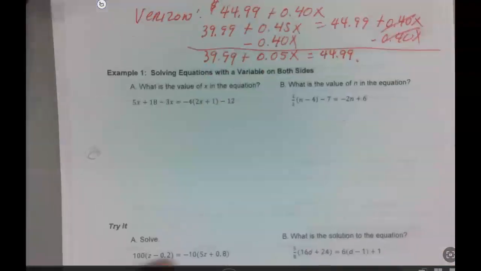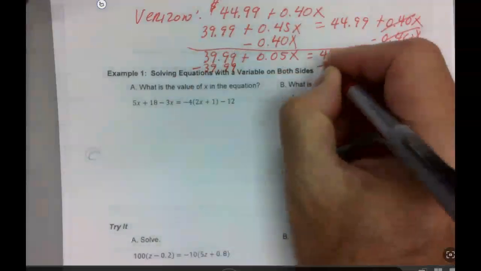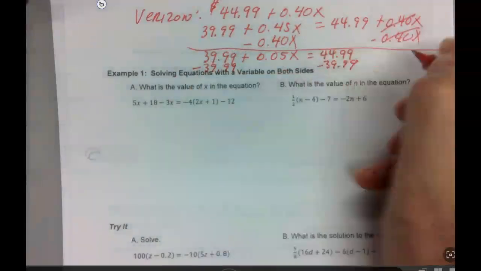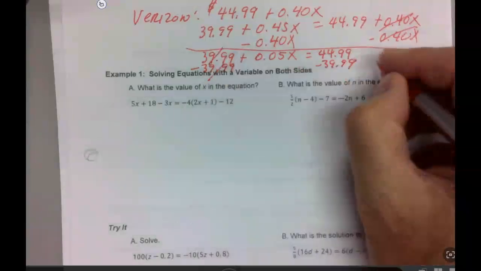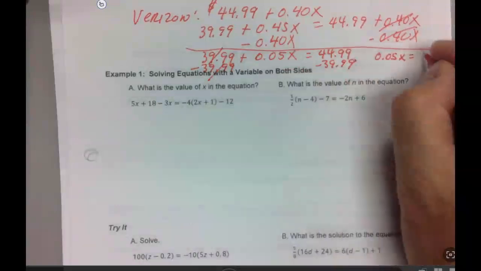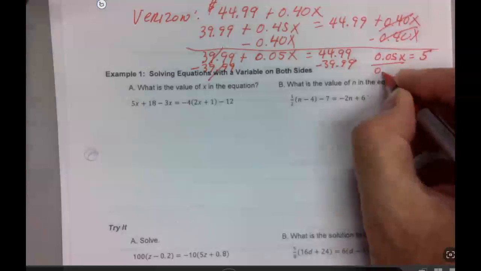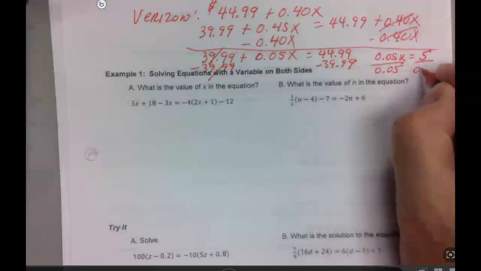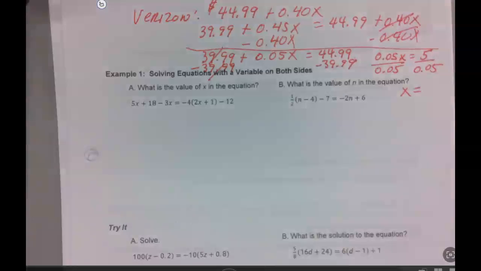And then now we're going to subtract 39.99. Those cancel, so that leaves me 0.05X equals what, $5? Is that correct? 44.99 minus 39.99. Is that correct? And then I divide by 0.05. Help me out on your calculator. Take 5 divided by 0.05 and tell me what you get.